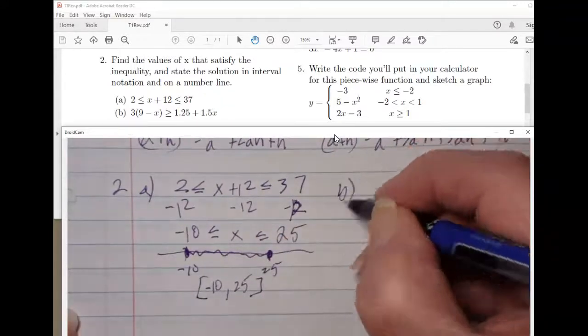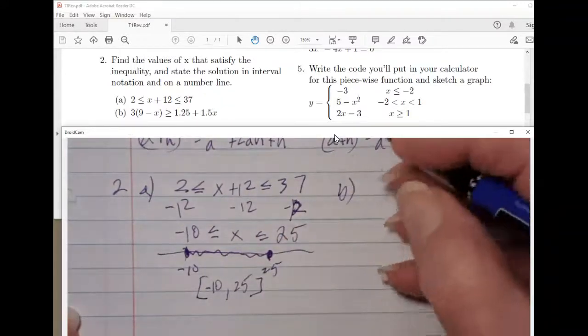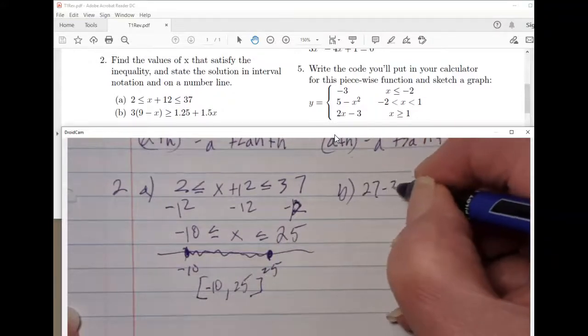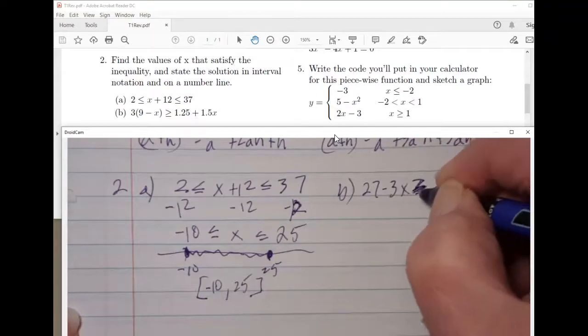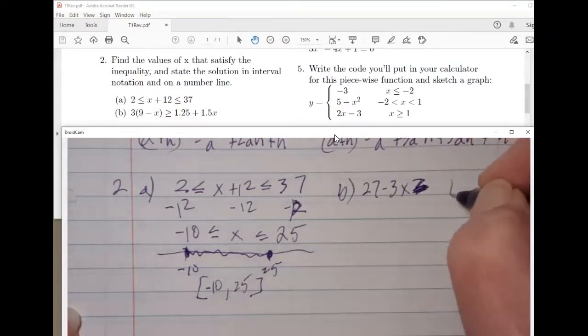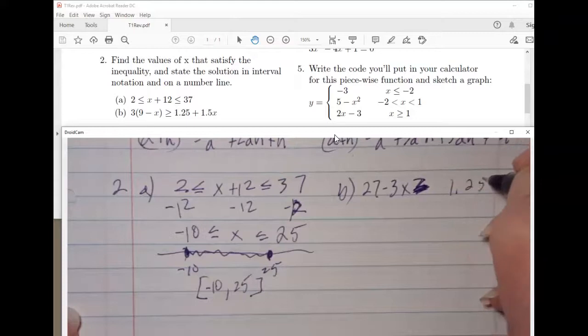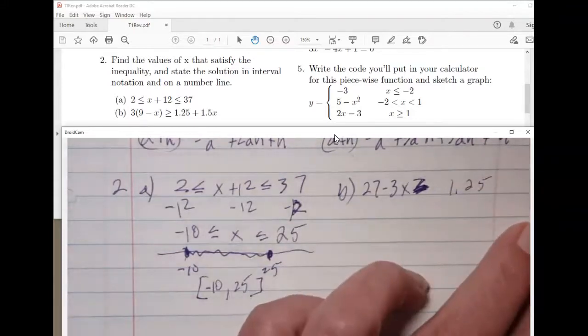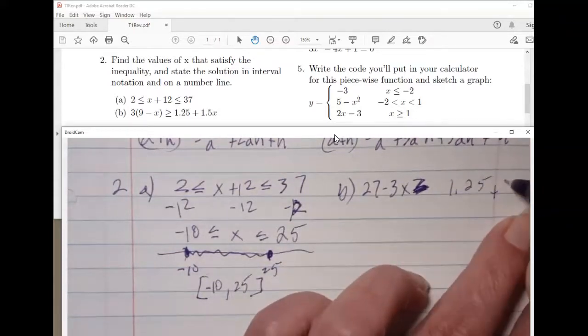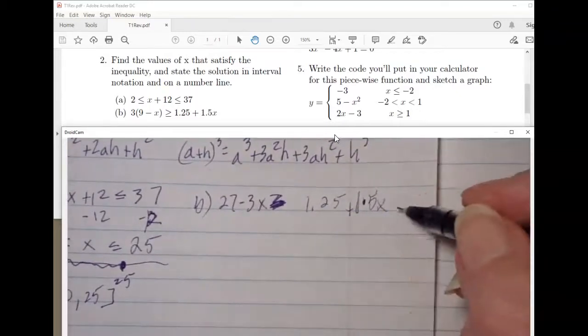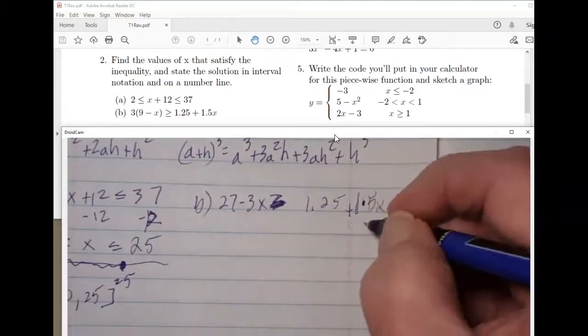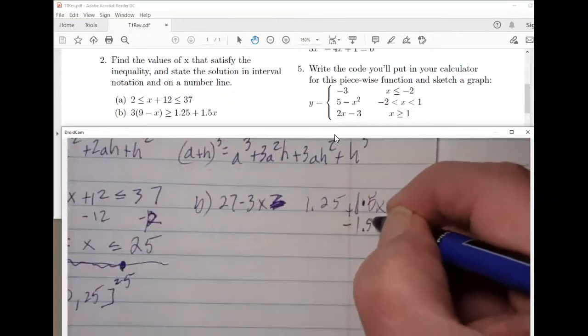For part B, we have 3 times 9 minus x, which gives me 27 minus 3x is greater than or equal to 1.25 plus 1.5x. So solving this one for x, I can see I have x on both sides, so I want to subtract the 1.5x from both sides.